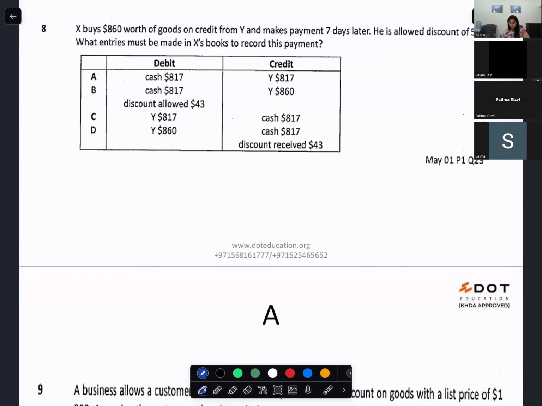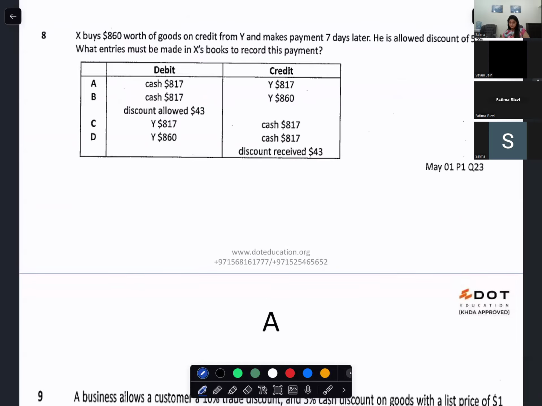X buys 860 worth of goods on credit from Y and makes payment 7 days later. He is allowed a discount of 5%. What entries must be made in X's books to record this payment? X is making payment, right? That means money is going out.